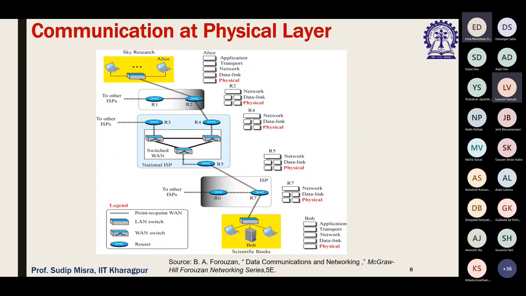Now, let us switch gears a little bit and have a look at the complete picture. Let us say we are talking about two friends, Alice and Bob.